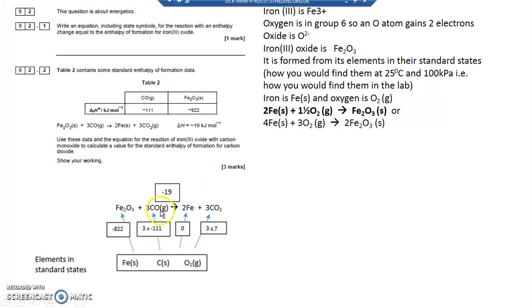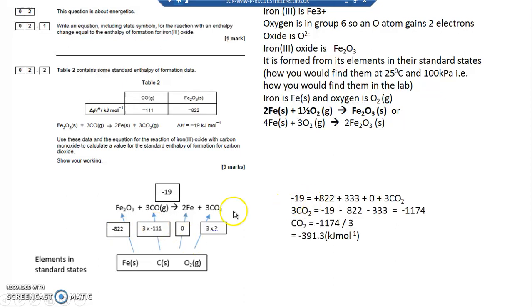So -19 from here to here equals this one, this one, and then coming round in this direction. So I've got to reverse the sign of 822, so that's +822. So -19 equals +822 to come round in this direction. 3 times -111 is -333, but I've got to reverse that sign because I want it coming round in this direction. So +333 plus 0 and plus 3 times the CO2 that I don't know.